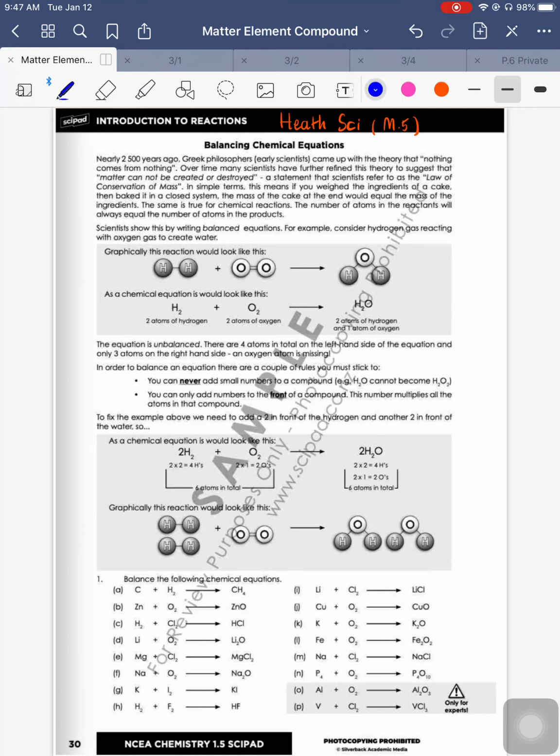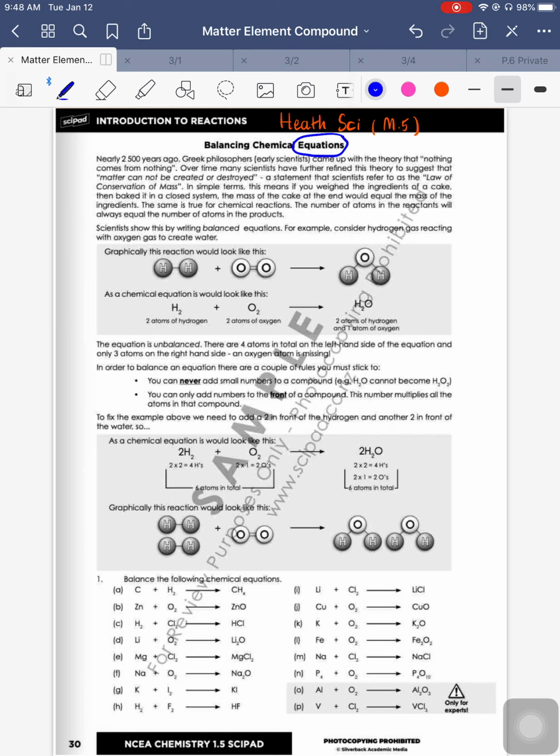So I will talk about balancing chemical equations. After all, we just learned how to put the symbols of the elements together to make a compound, and then we put compound with compound, which we call reactions, to form the equations before.